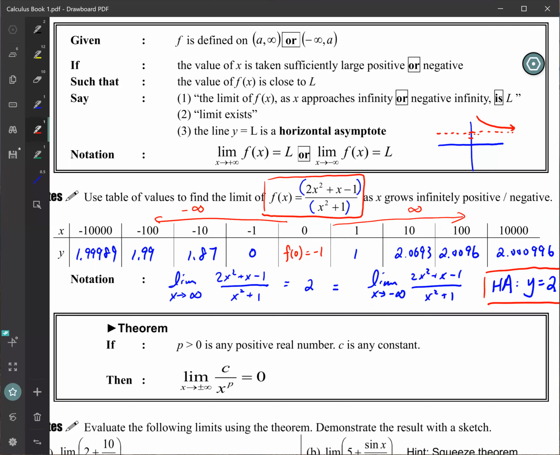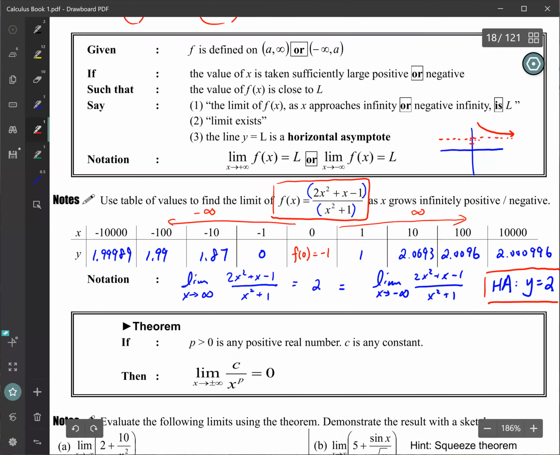So it actually tells you which side it comes from. And then the left side is 1.9989, a little bit smaller than 2, so it has to come from the bottom part. They are both approaching 2, but they are coming from different sides of the world, right? One from heaven, one from the ground.